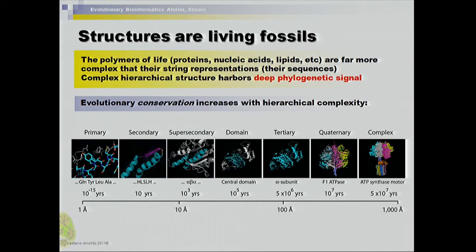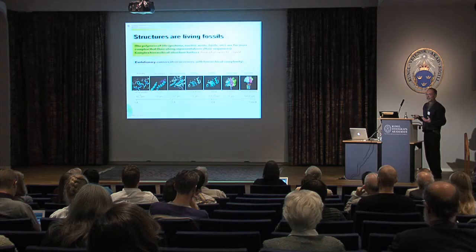It is clear that as we travel from the Angstrom level all the way to the 1,000 Angstrom level, we are increasing in this complexity as we see unfold the structural folds present in tertiary structure, quaternary structure arrangements, and even complex formations. So this is basically traveling from the sequence all the way into the cellular domain.